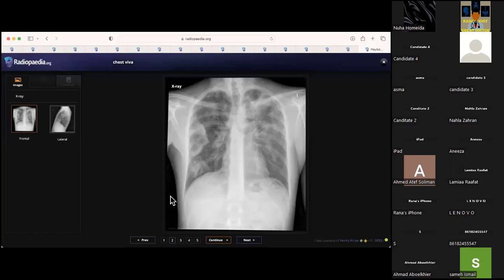Please, how to manage pleural effusion in the pediatric age group? Okay, so pleural effusion in the pediatric age group, the commonest cause is post-infective, like a parapneumonic effusion. The majority of cases tend to resolve spontaneously, so they rarely get complicated.